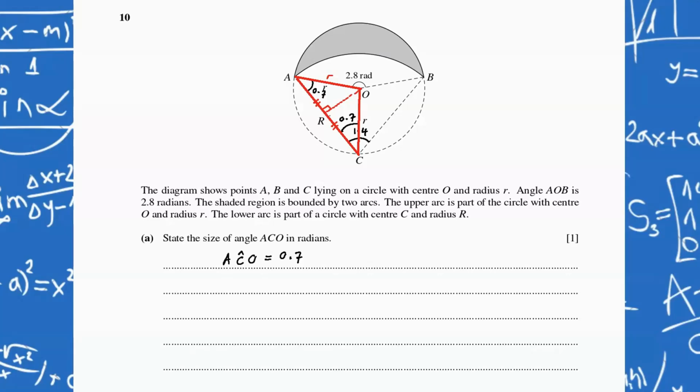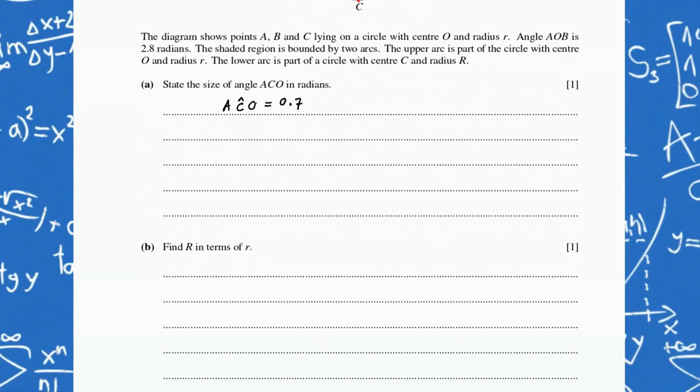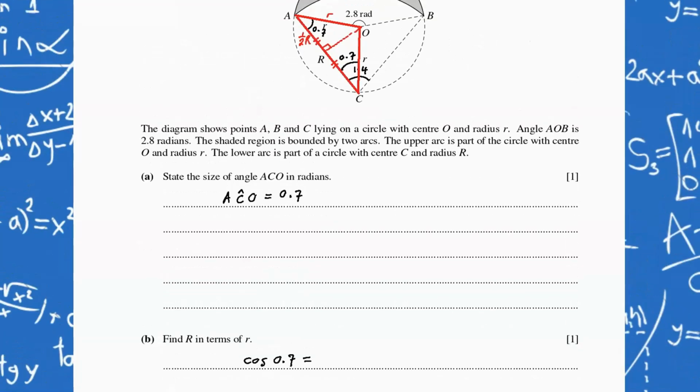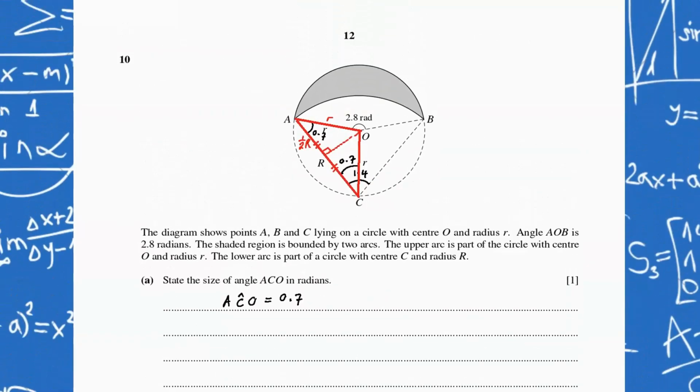we can actually say that this is half R, and cos of 0.7, let me write that down. So I'll say here cos of 0.7 is actually equal to the adjacent side, which is half R, over hypotenuse.